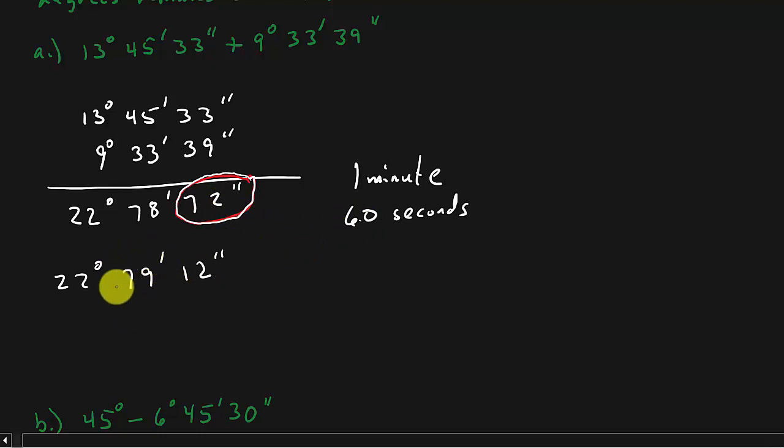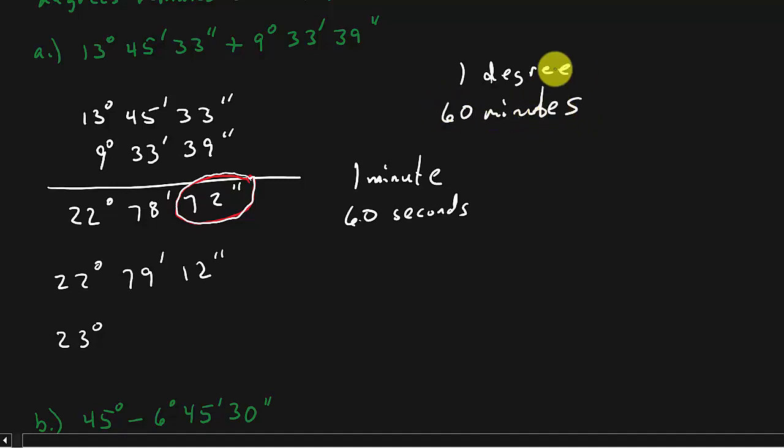Now I need to take a degree out of this. 1 degree. Well, 1 degree is what? 60 minutes. So if I take 1 degree out of this and add it over here, that's 23 degrees. Taking out 1 degree is like taking out 60 minutes.